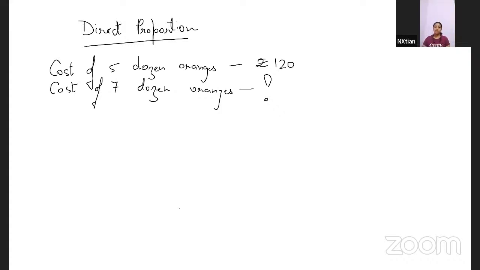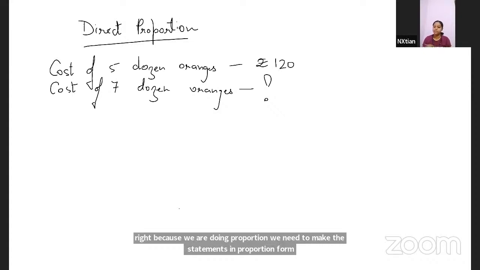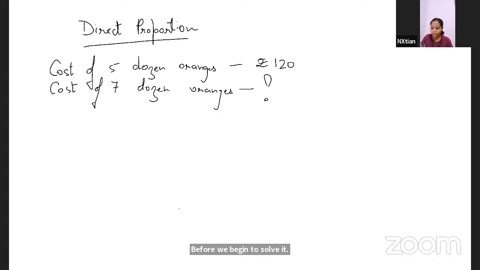Okay. What we can do is we'll write it in the proportion form. Because we are doing proportion, we need to make the statements in proportion form before we begin to solve it. Okay, so we are having the quantity. What are the two things here? 5 and 7, quantity.